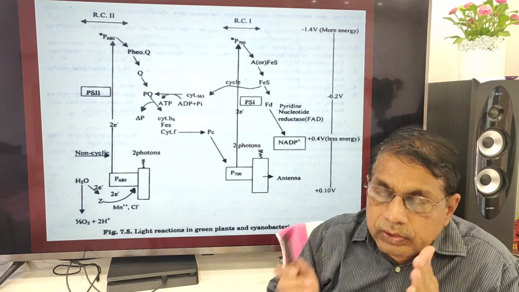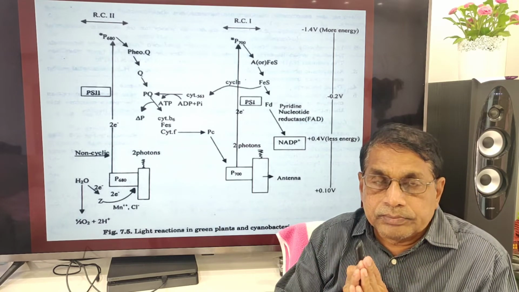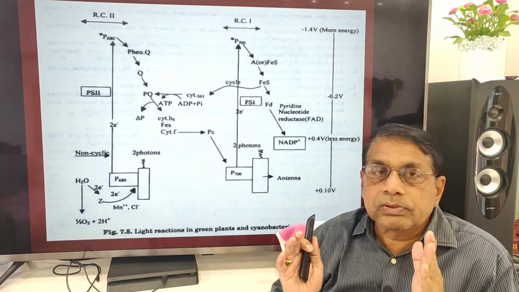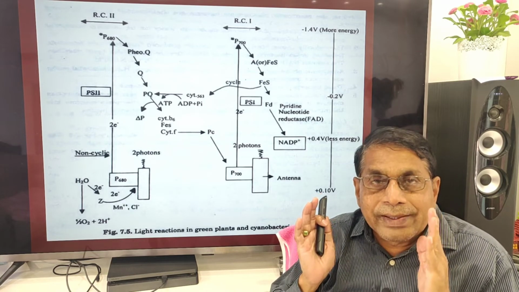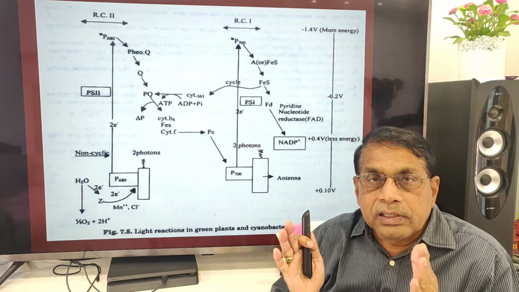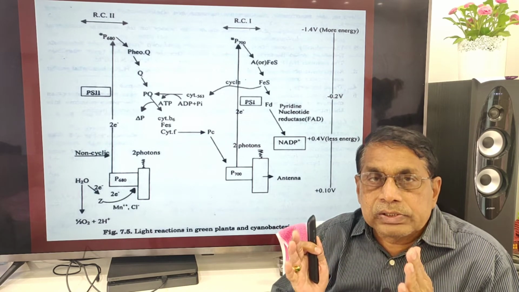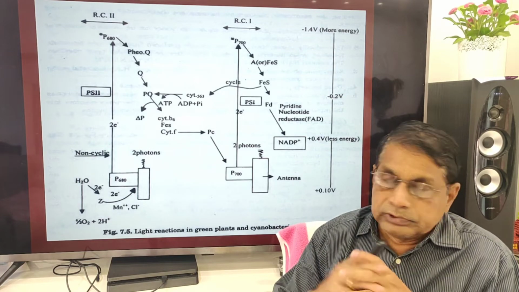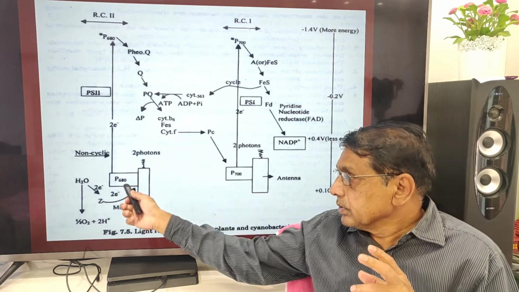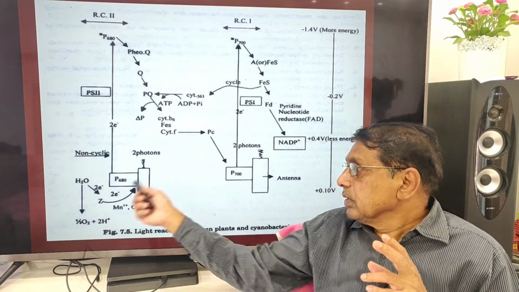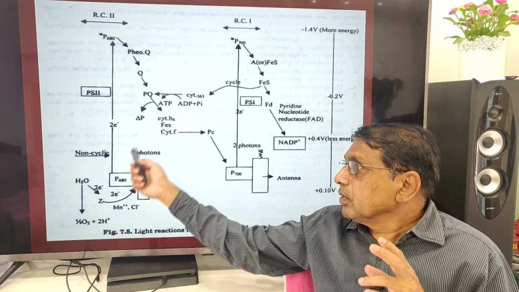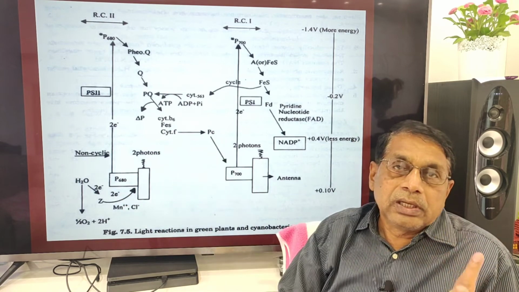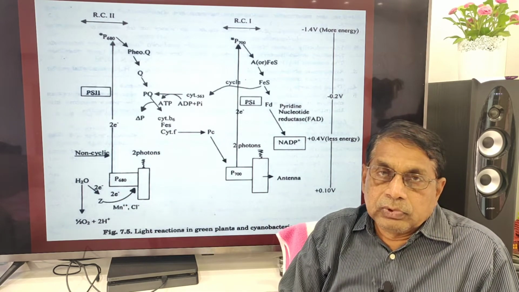So, what you need to understand here is that the cyclic and non-cyclic photophosphorylations, though explained differently, function-wise are one dependent on another. This is dependent on this, this is dependent on this. When the electrons coming out of this are not accepted by this, the excited state has no use.